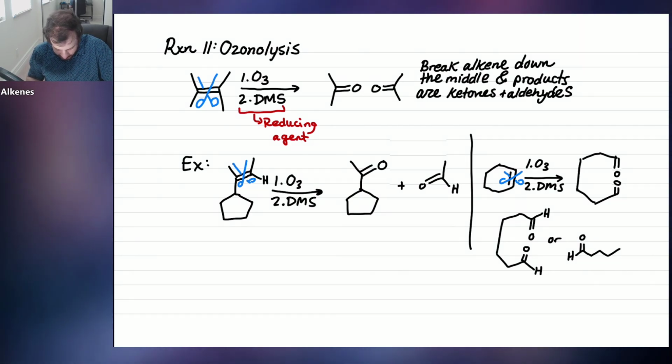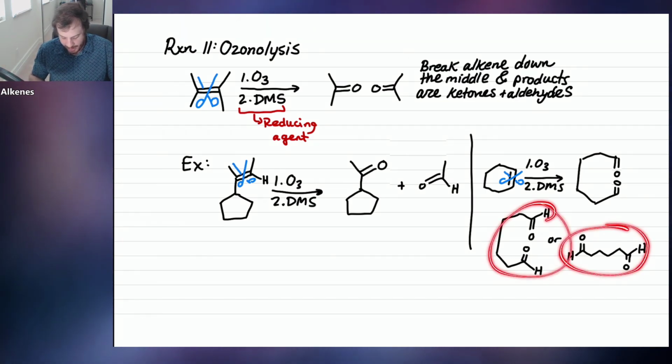I can just count the carbons to make sure I have the right number. 1, 2, 3, 4, 5, 6 carbons. 1, 2, 3, 4, 5, 6 carbons. So that would be the same thing. You can either draw it still bent up in the ring shape, or you can stretch it out and make it straight if you want. If you can do it, I like this, but I'll still give you full credit for that.